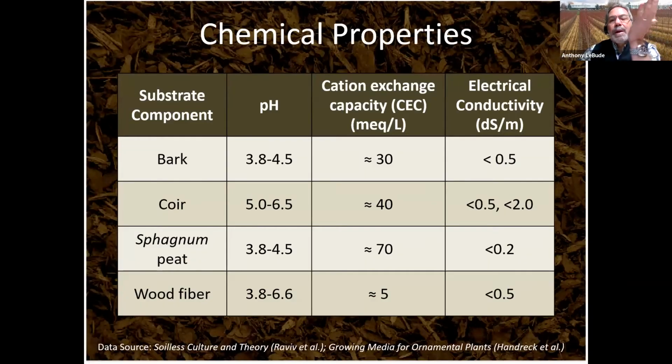So they each have chemical properties and physical properties. This is just a quick overview of the pH, cation exchange capacity, or its ability to hold on to nutrients, and then its electrical conductivity. Once you water it, the amount of available nutrients that are generally in that substrate without adding any fertilizer. So compared to soil, it's all pretty weak as a substrate.